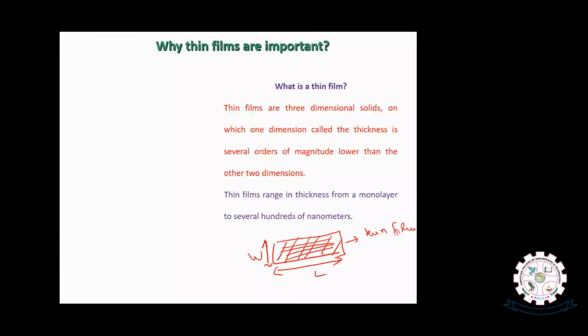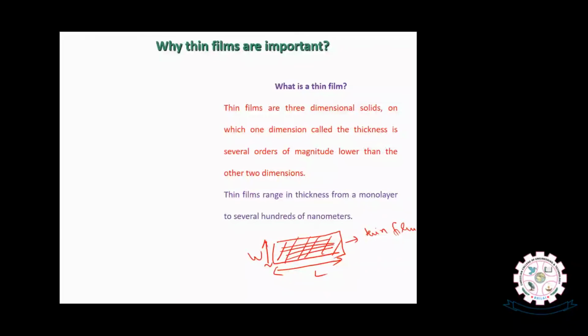And then thin films range in thickness. What do I mean by that? See, if I go to an electrical or electronics engineer and say I can give you 100 nanometers, he will say, why do I need 100 nanometers? For me, 2-3 nanometers will do. But the same thing, I go to a mechanical engineer and say, no, what is 100 nanometers?